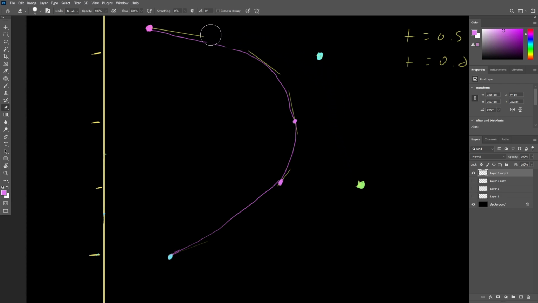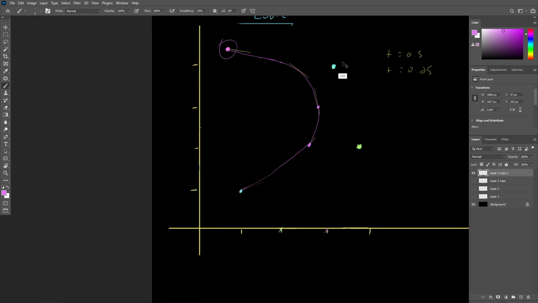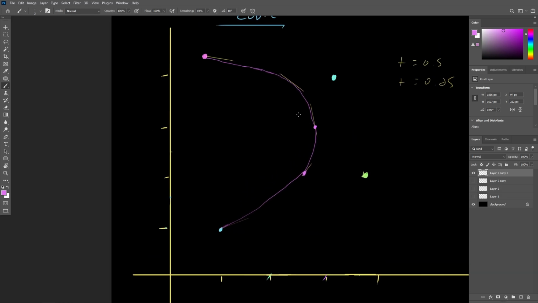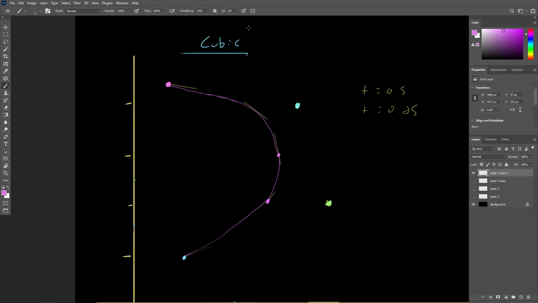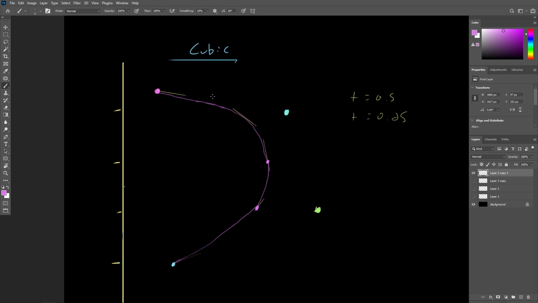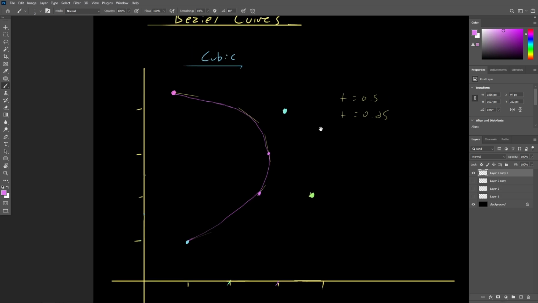So using only the positions of these control points, we can define this entire curve. All right, so this is a cubic curve, and this is how most freehand curves are drawn in 3D graphics.